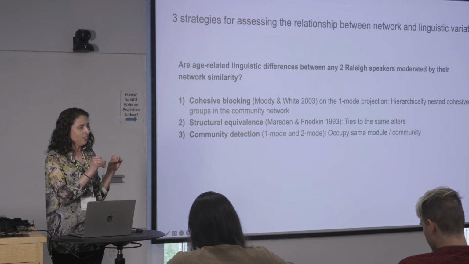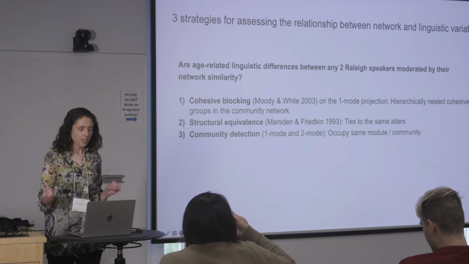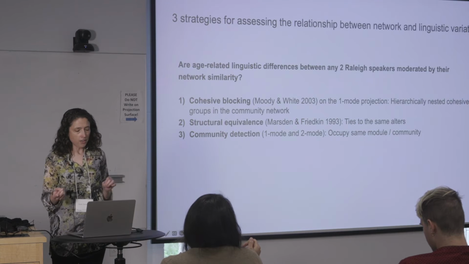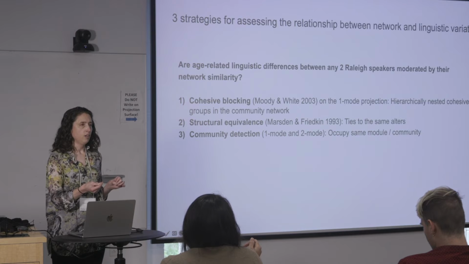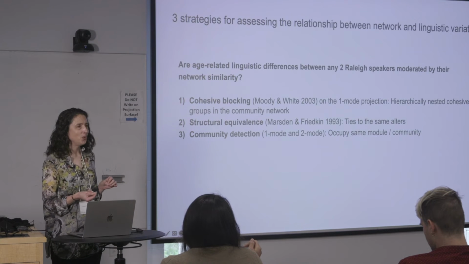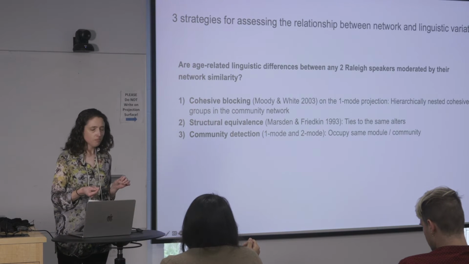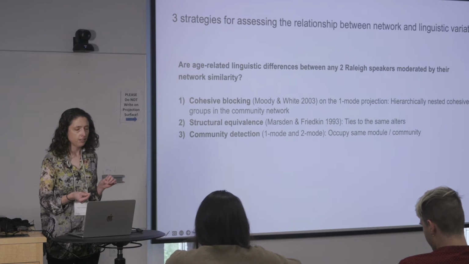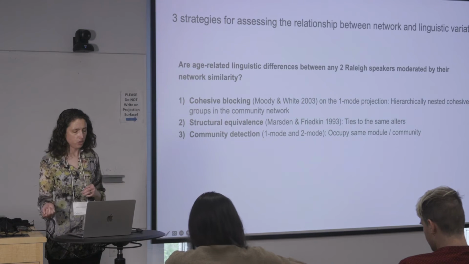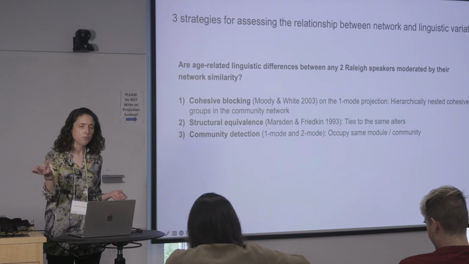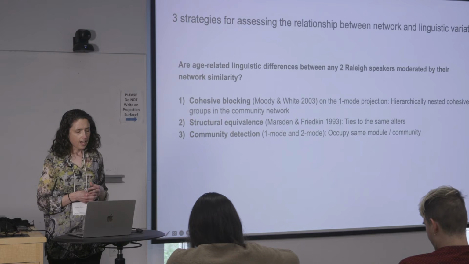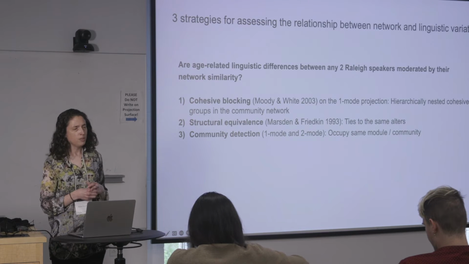So given that we know linguistic change is happening, are there network differences that moderate, or I guess I should say mediate, the linguistic effect of the age difference? And so I did a lot of this work with Richard Benton, as Jim said, and we used 3 big strategies.